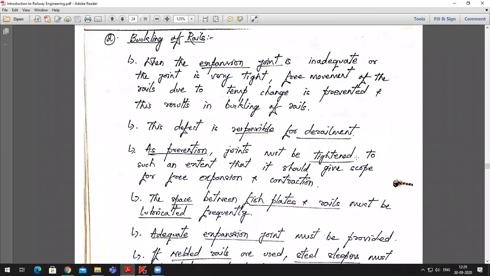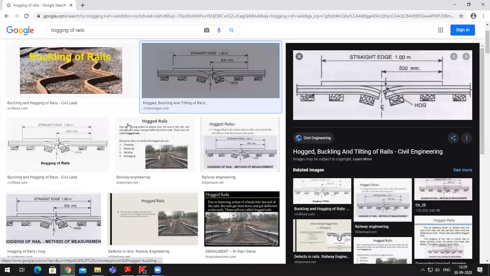Now the fourth defect that we have here is what we call the buckling of rails. Now buckling, again I'll show you how it would look.